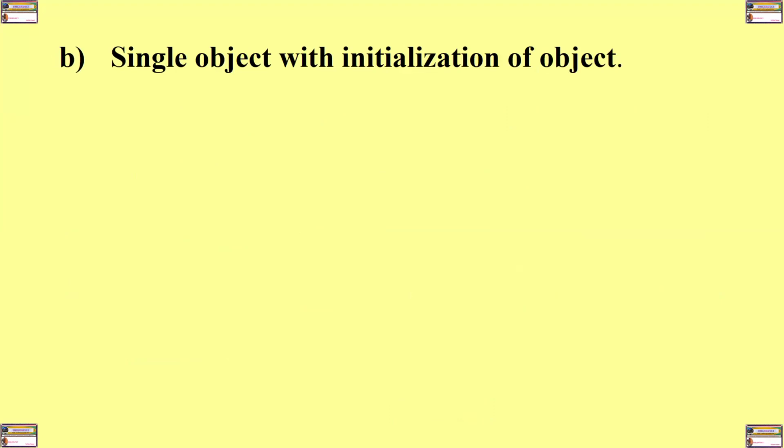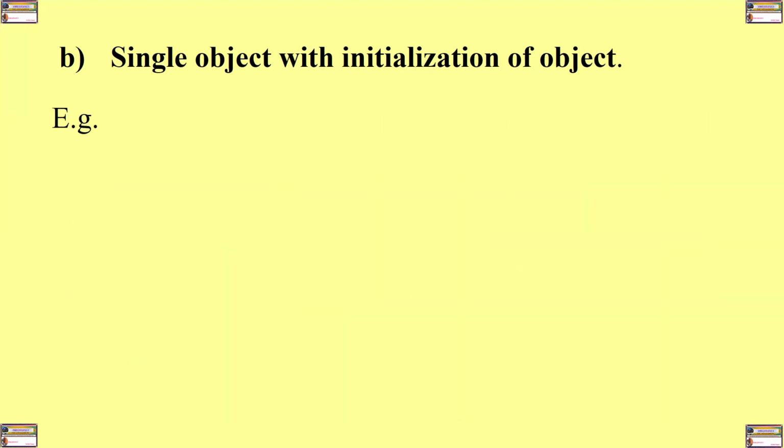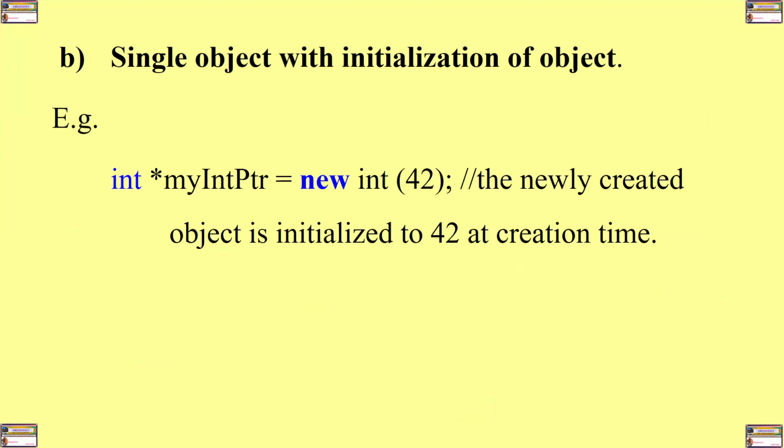Secondly, you can have what we call a single object with initialization of the object. For example, you can have a statement like this that is creating a new object and initializing it to a value at creation time.